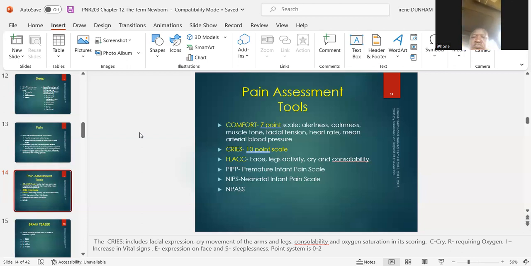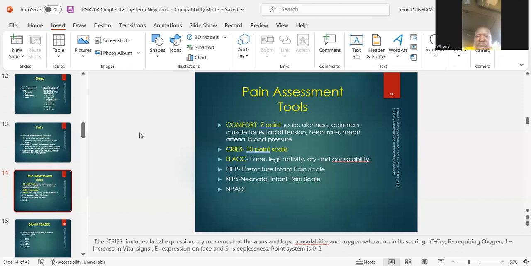Remember, heart rate goes up if they're in pain. And then cries. Cries is your 10-point scale, and they include facial expression, cry, and movement of the arms. Sometimes you can't console them. So yeah, it's not good.